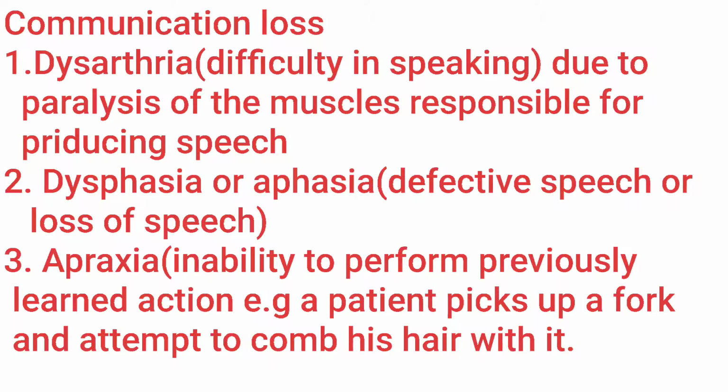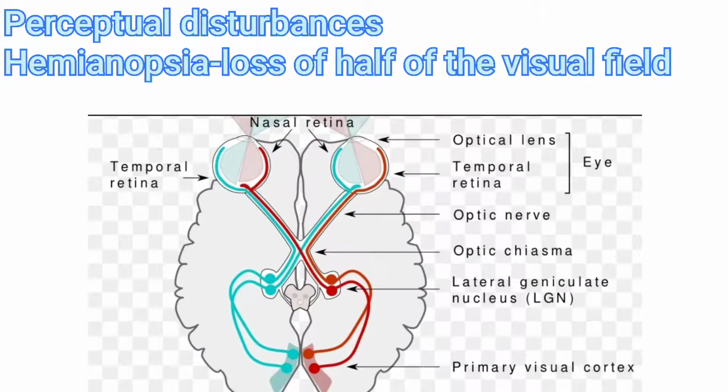And we have perceptual disturbances. Perception is the ability to interpret sensation. The person may have hemianopia, that is loss of half of the visual field.